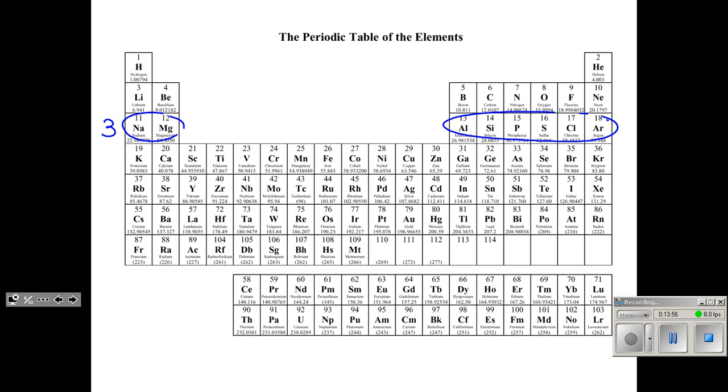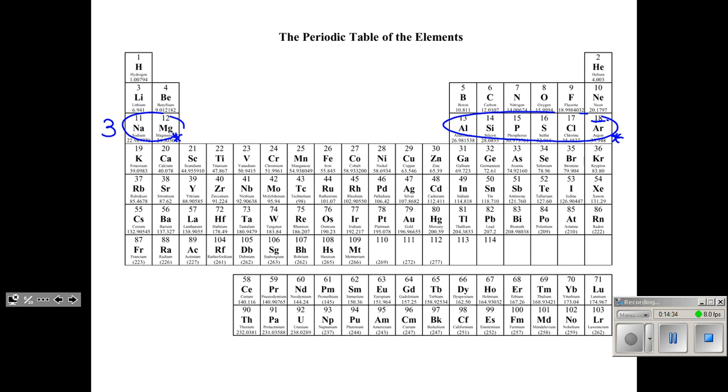And the electrons are a little bit closer to the nucleus over here by argon than they are in magnesium. So magnesium's outer electrons, even though they're at energy level 3, are a little bit farther away than the outer electrons of argon because argon's nucleus is pulling them in a little bit tighter. And we also know that the effective nuclear charge is increasing. The 18 protons of argon are going to hold the electrons a lot better than the 11 protons of sodium.